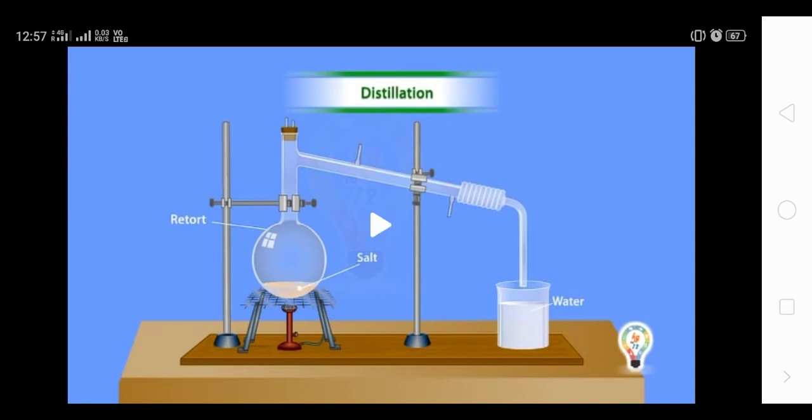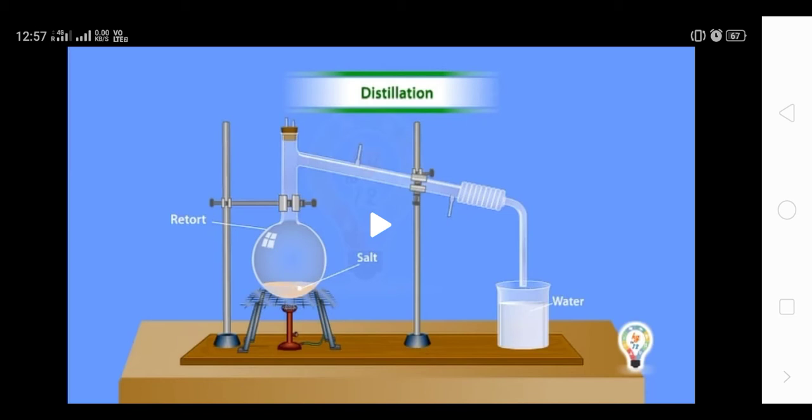So children, you can see the apparatus used in this process. I know all these apparatus are new for you. Let's see this. This retort is also called the distillation flask. Then this long tube-like structure is called the condensing tube or the condenser. What happens in it? When the vapors are passing through this condenser, it is continuously cooled by running tap water.